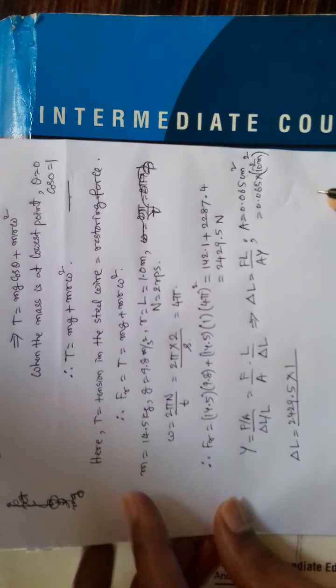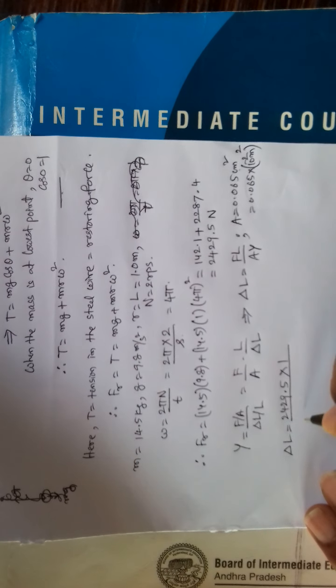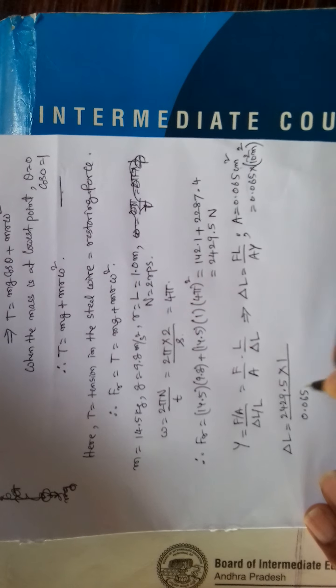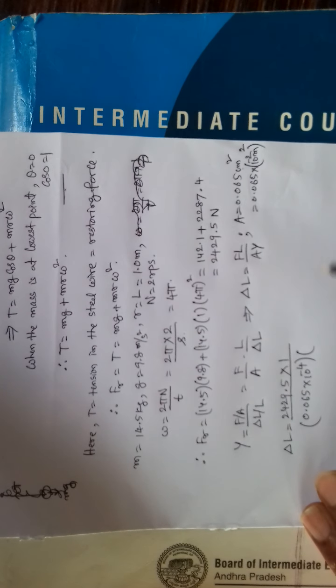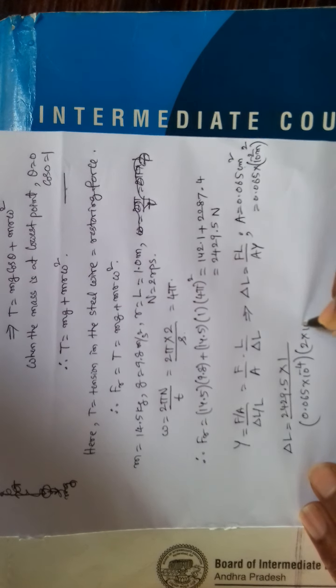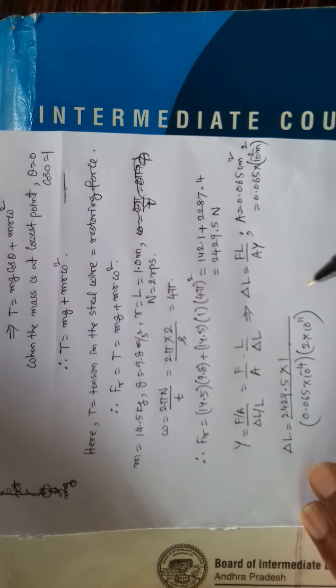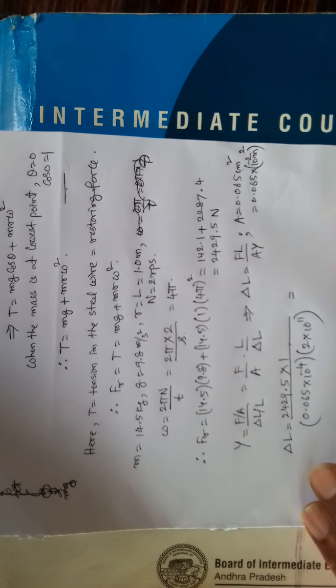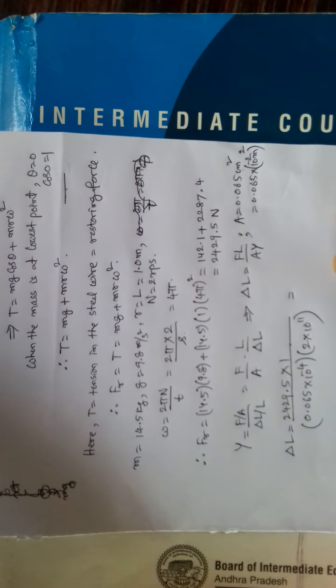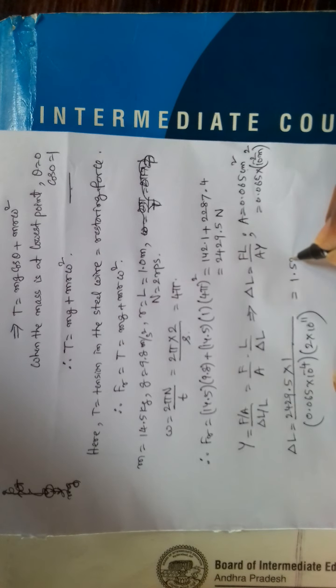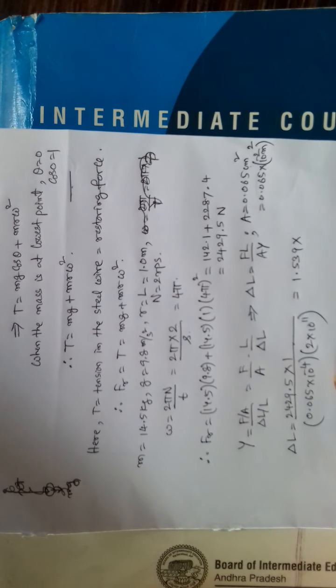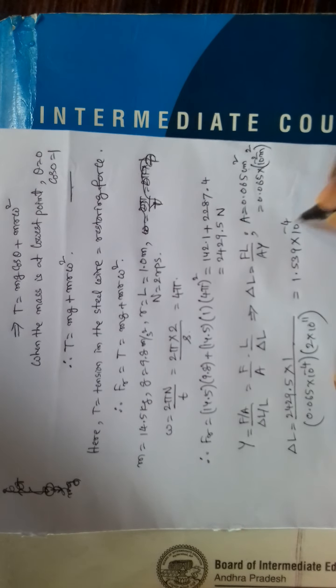So substituting the value here, 0.065 into 10 power minus 4 meter square, and the Y value of steel wire is 2 into 10 to the power of 11. So substituting the values, we get 1.539 into 10 power minus 4 meter.